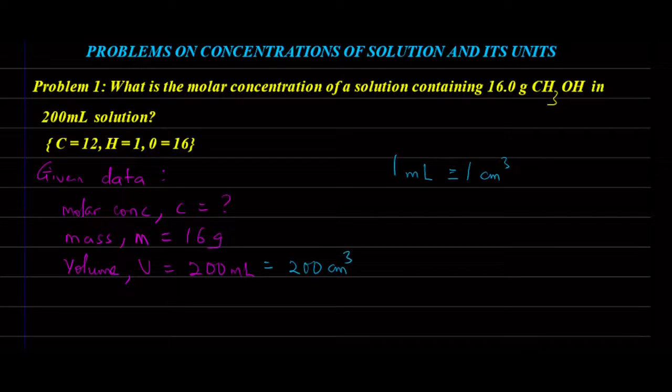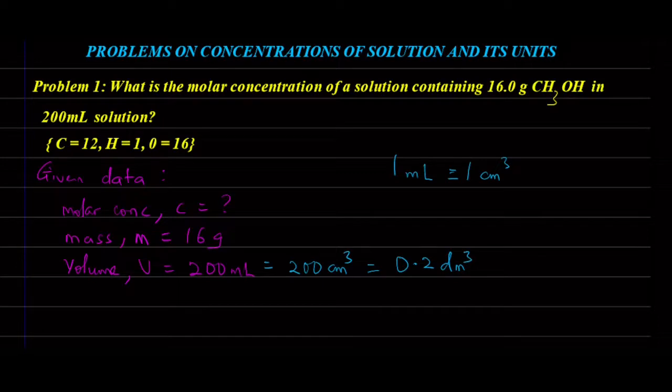But we need to convert the volume from centimeter cube to dm cube, because we have defined molar concentration as the amount of solute in mole dissolved in 1 dm cube of solution. That means the volume needs to be expressed in dm cube rather. So in that case, we divide it by 1000 and it will give us 0.2 dm cube.